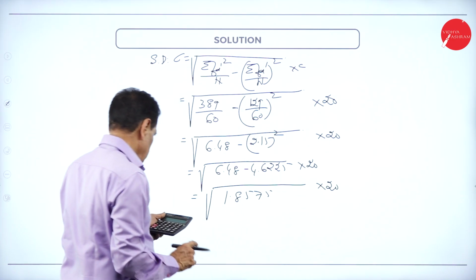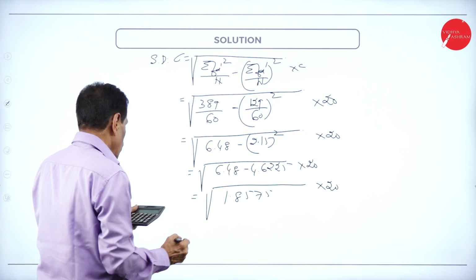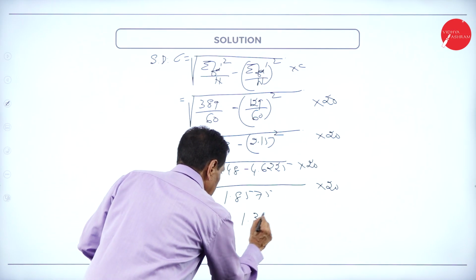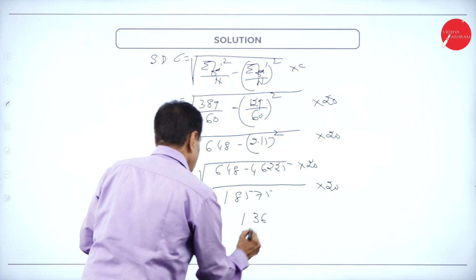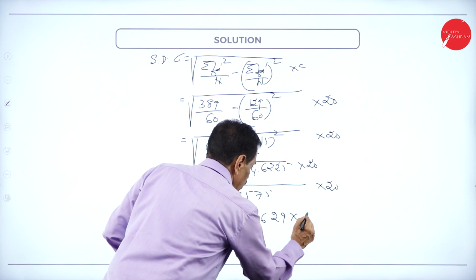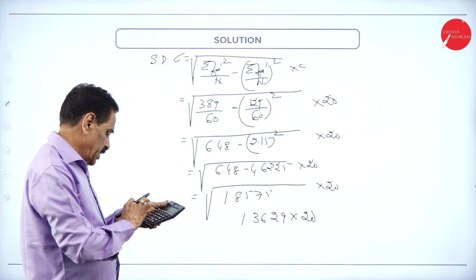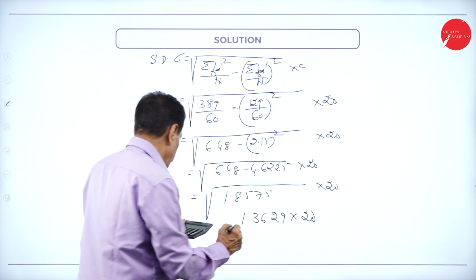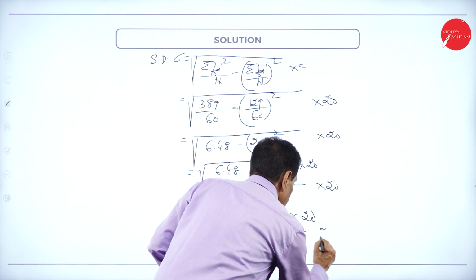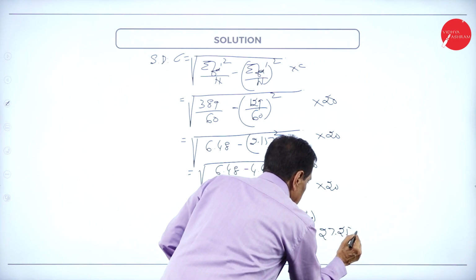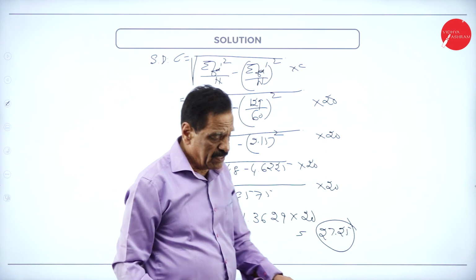Root of this is 1.3629, into 20, 27.25. Your standard deviation is 27.25.